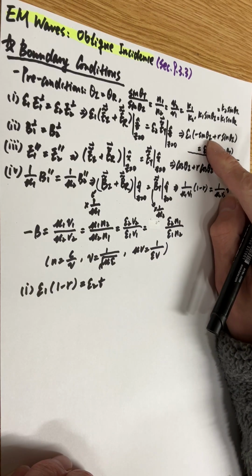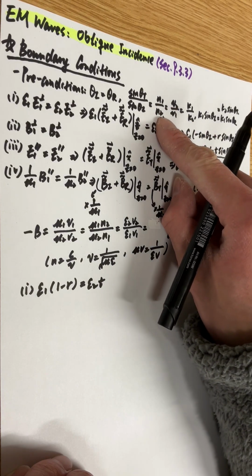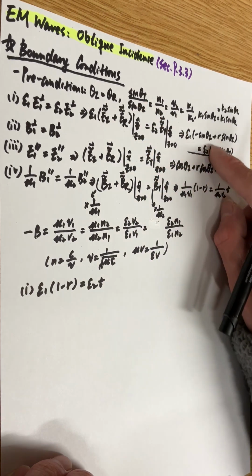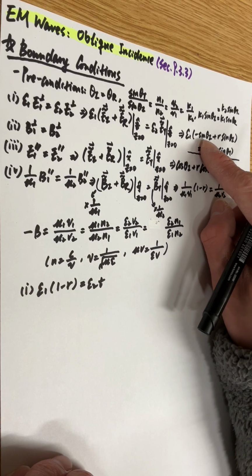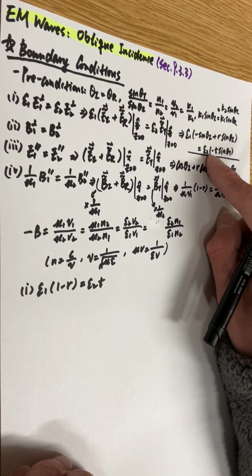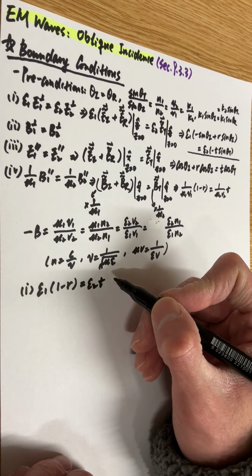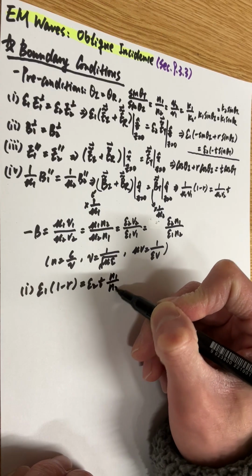If you move sin theta I to the other side, we have n1 divided by n2 equal to sine theta t divided by sine theta I. So we have epsilon 1 minus r equal to epsilon 2 t multiplied by n1 divided by n2.